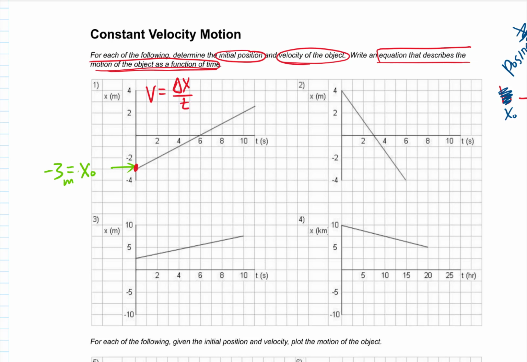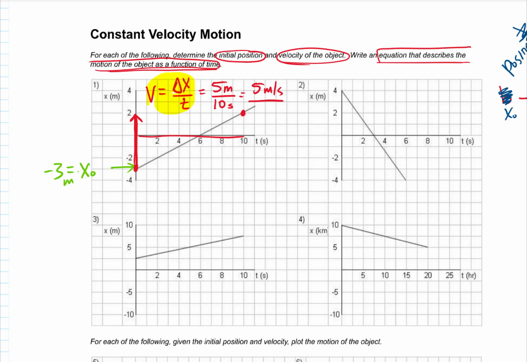If we start here as our x position, that's our initial position, and if we end over here, we go from -3 to 2. Going from -3 to 2 means that my displacement was 5 meters, and it takes 10 seconds worth of time. So my velocity is 5 meters per second. And this is how we're going to find our velocity every time.